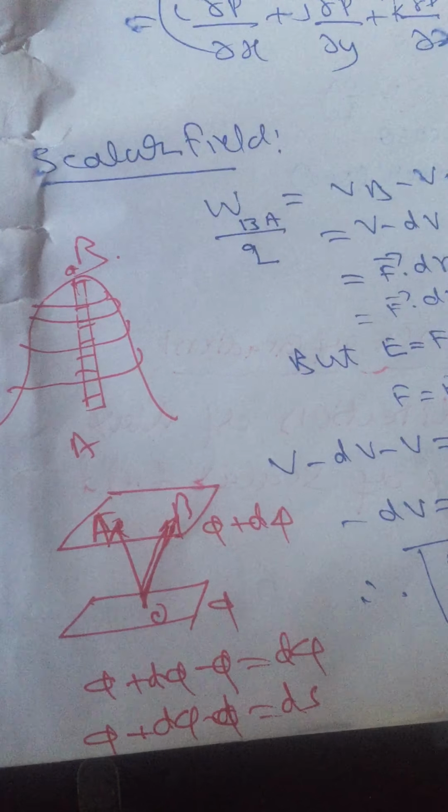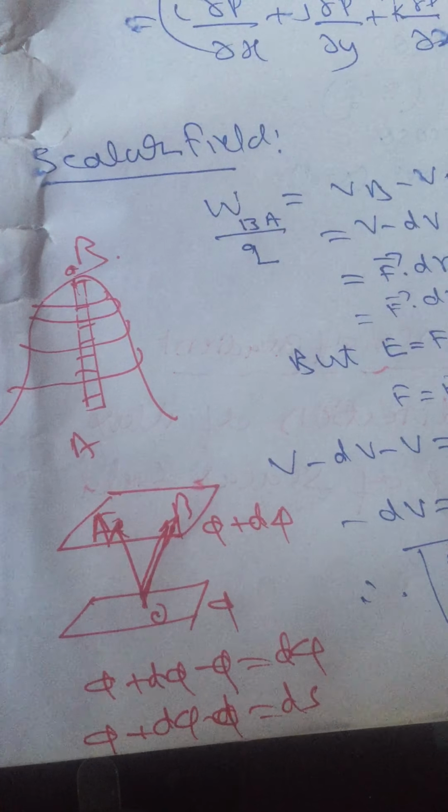From 0 to B it is a d psi, and again 0 to A it is also d psi.